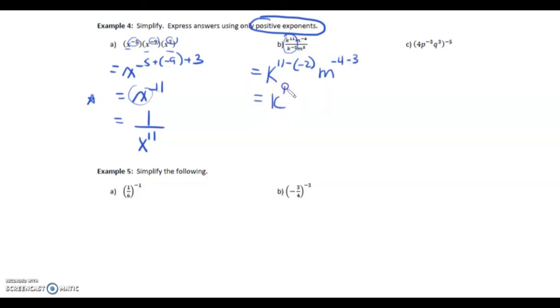So I get k to the 13, m to the negative 7. We have to write this as a positive exponent. Since it's a negative 7 and all of these are multiplied, we can just bring it into the denominator, because essentially this is 1 over m to the 7. So we'll get k to the 13 over m to the 7.